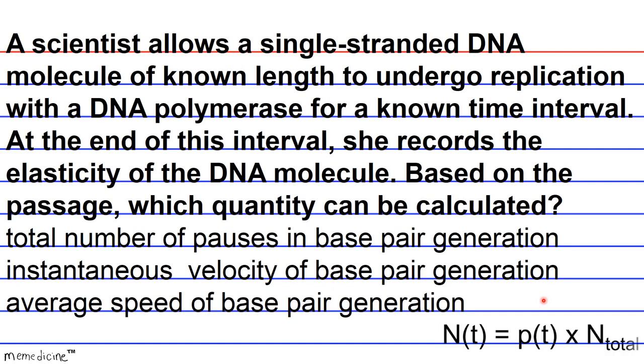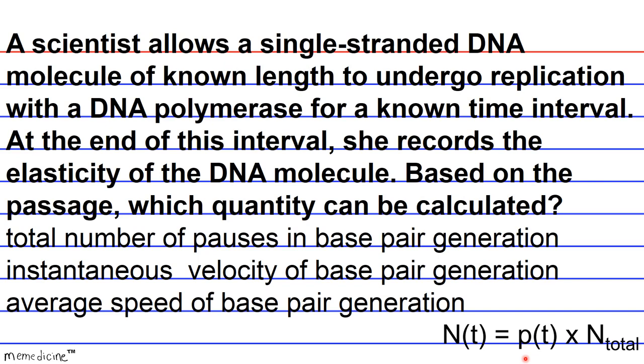Okay, so this is basically the equation of interest from the passage that we're going to use to arrive at our final answer. So we have measurements of time and elasticity. And based on the passage, the elasticity, denoted P of T, can be used to, quote, infer the percentage of DNA molecule that has been replicated.